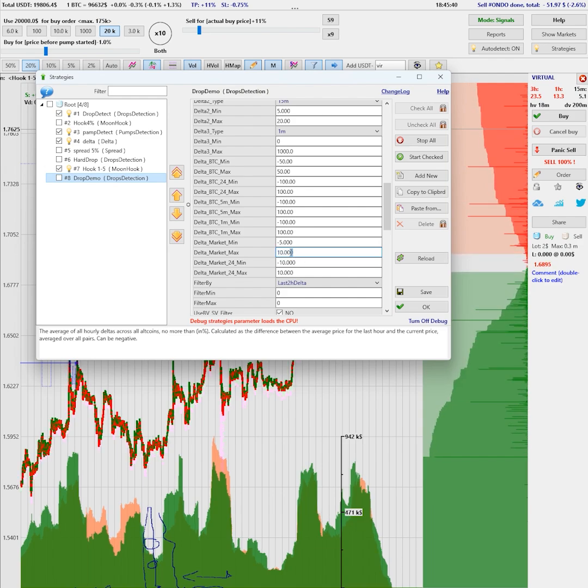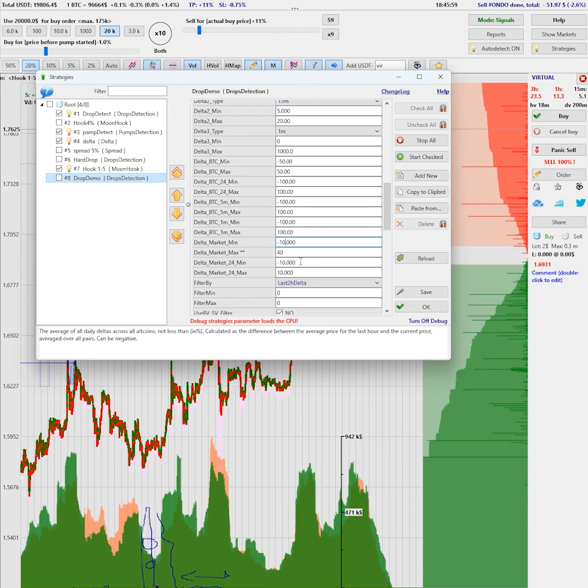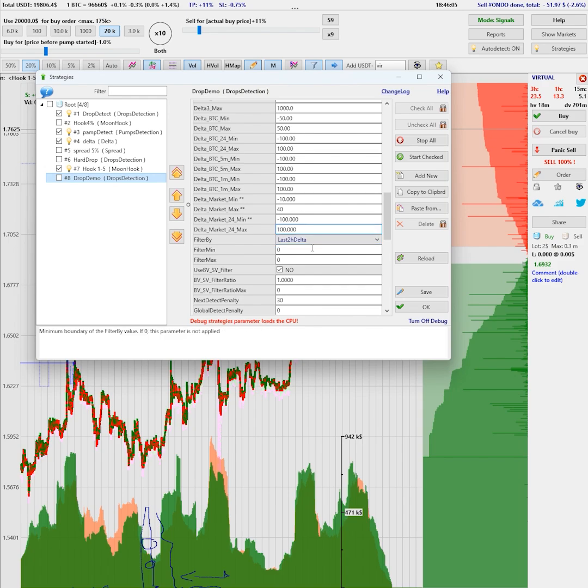For example, let's say if the market pumps 10%, I don't want the coin that pumped more than 40% in an hour. And at the same time, I don't want the coin that dumped more than 10% in an hour relative to the market. For the 24 hours, it doesn't matter. Let's do that.